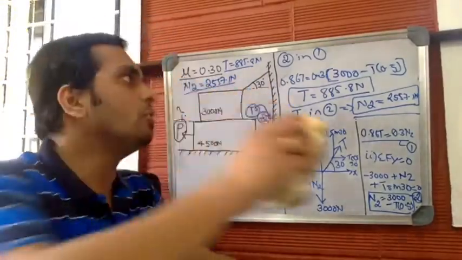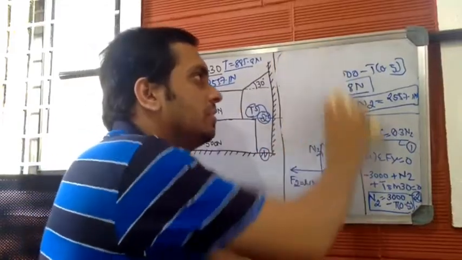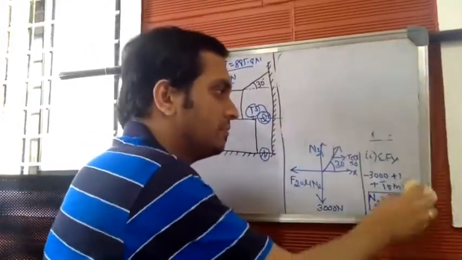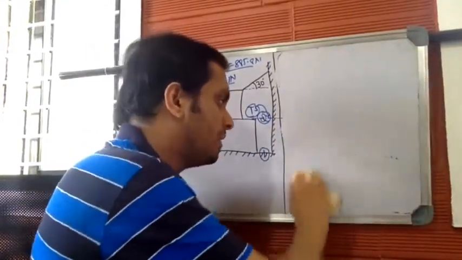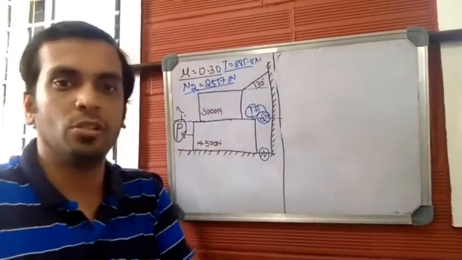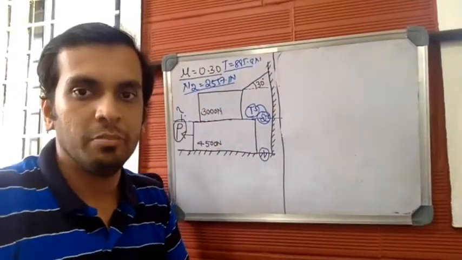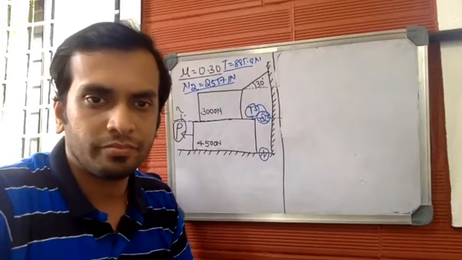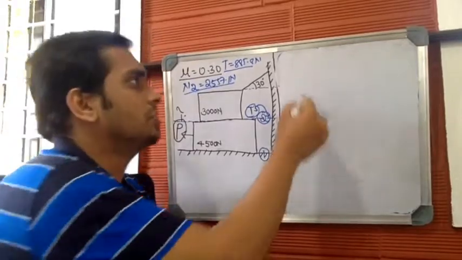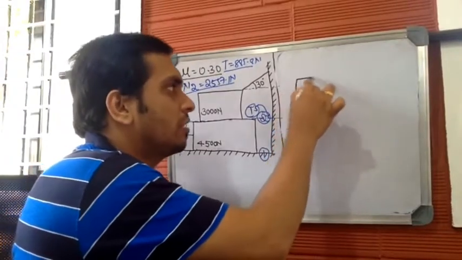Now let us consider the lower body along with the imaginary surface. So lower body goes in this way. I'll draw the lower body.